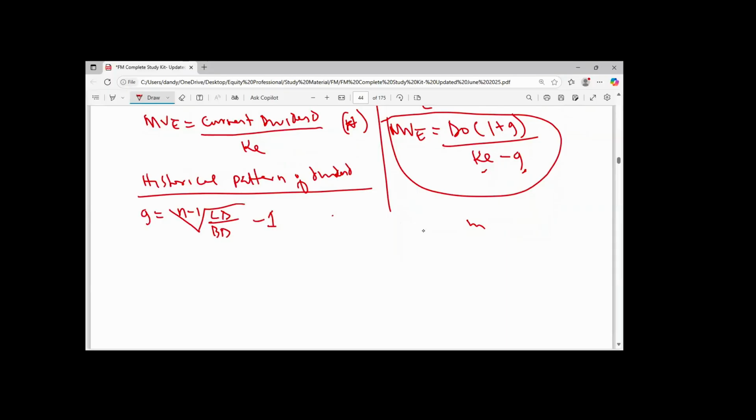You use this formula when the history of dividend paid is given to you year on year. Say, for example, you have year 1, year 2, year 3. You are given the amount of dividend paid in year 1, year 2, and year 3. When you are given the amount of dividend paid for all the relevant years, then this is the formula you are going to use.